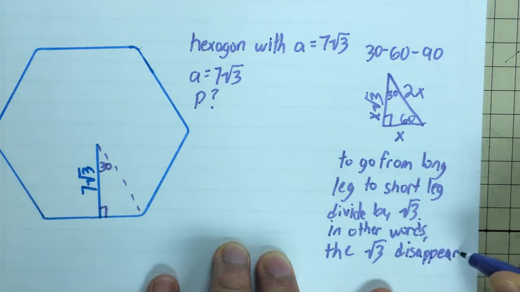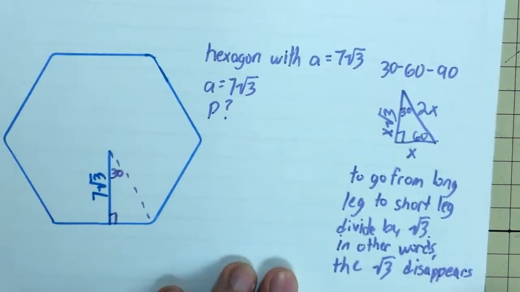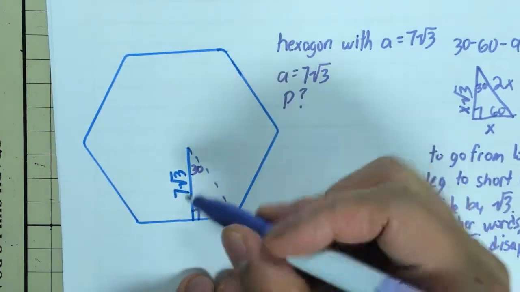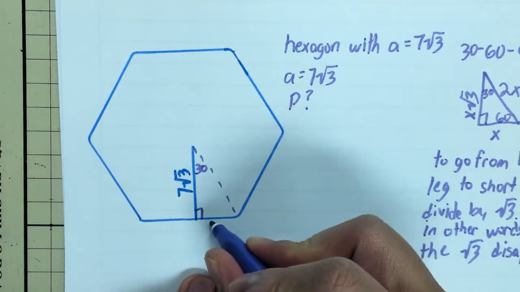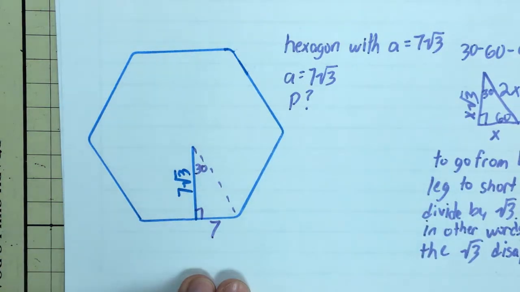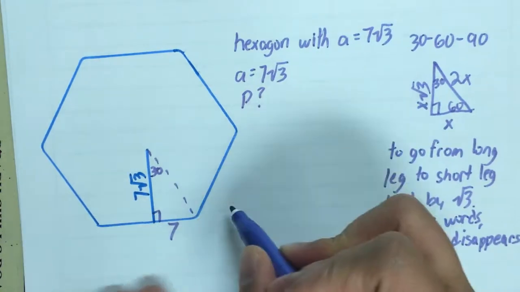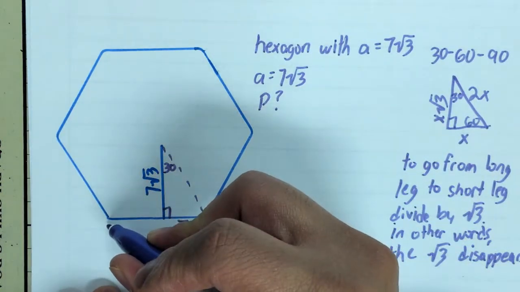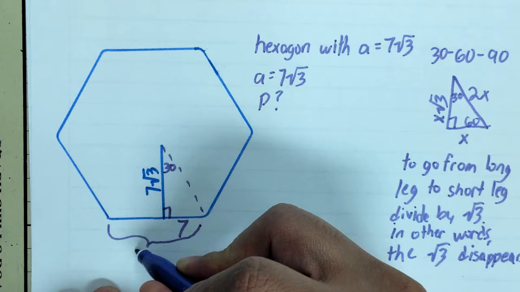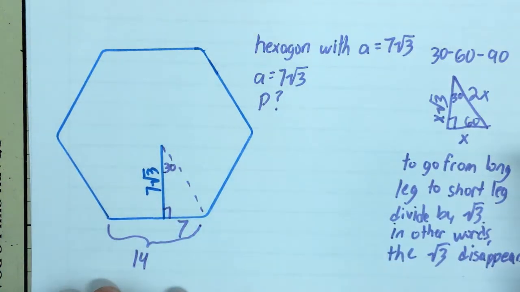And that's a shortcut, a pattern for a hexagon, which tells you 7 square root 3 means this side right here is 7, for this reason right here. Alright? So this side 7, which means my entire hexagon side, 7 times 2, 14.